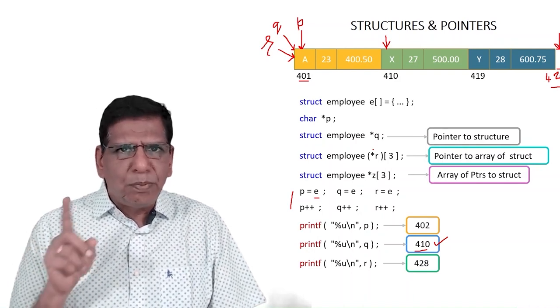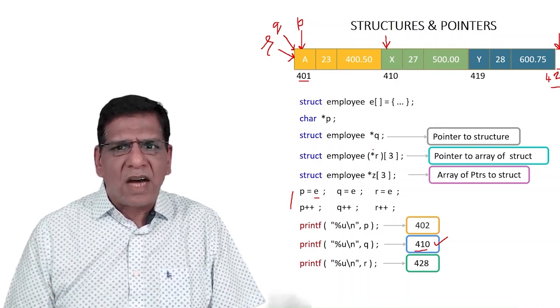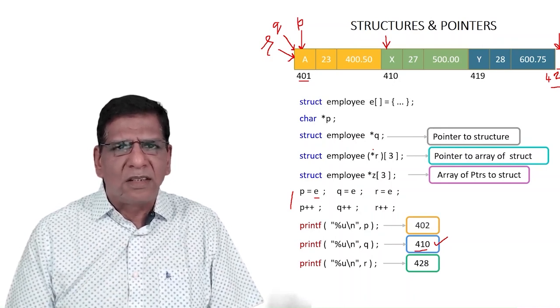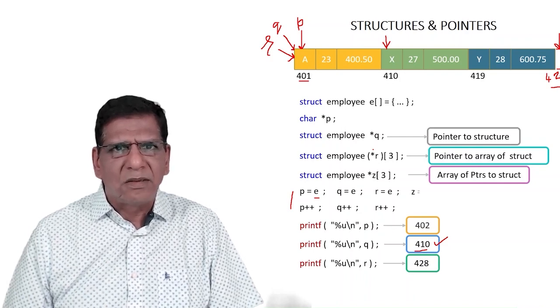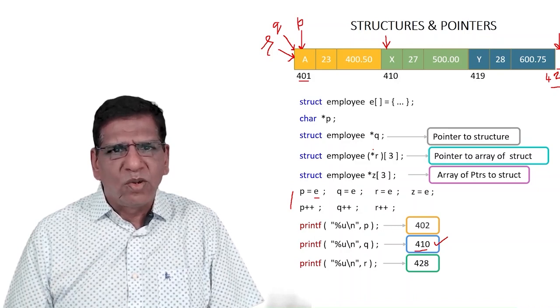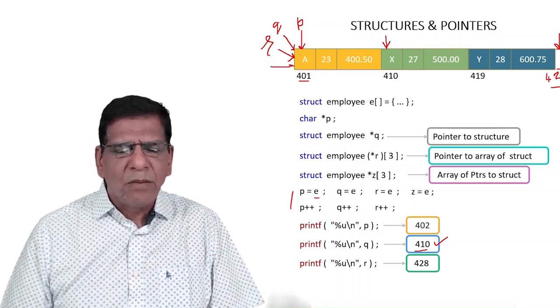Again, to reiterate, P is a char pointer, Q is a pointer to a structure, R is a pointer to an array of 3 struct employees, and Z is an array of 3 struct employee pointers. An array of structures and a pointer to an array are different.